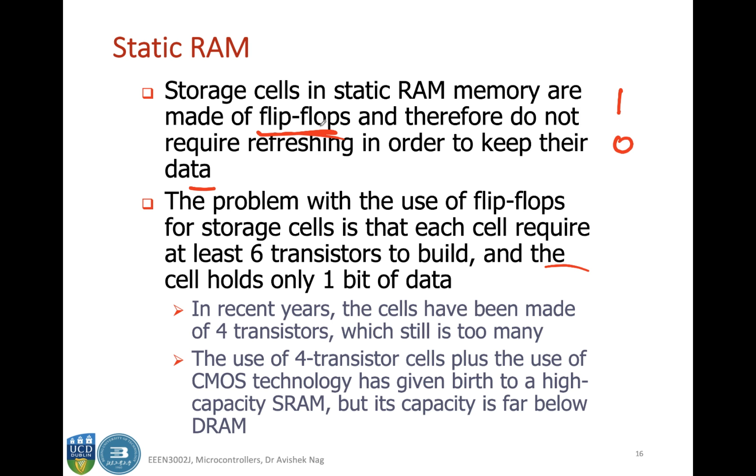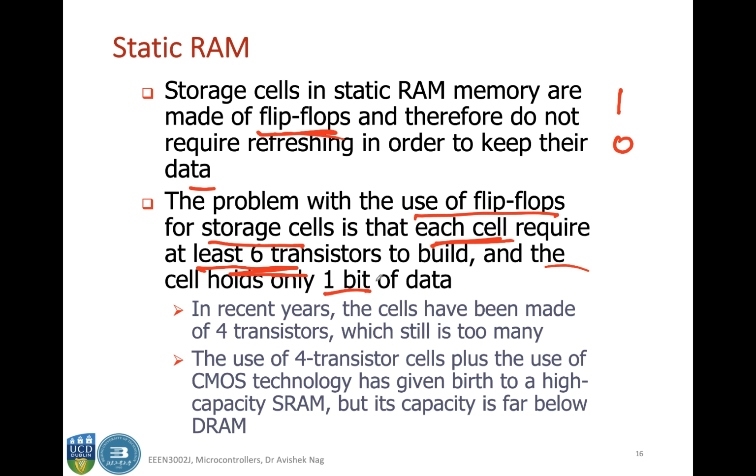So in static RAMs, you actually use storage flip-flops. However, when you use flip-flops for storage cells, each cell requires at least 6 transistors to build. So for holding 1 bit of data, you are using 6 transistors. This is not very feasible.